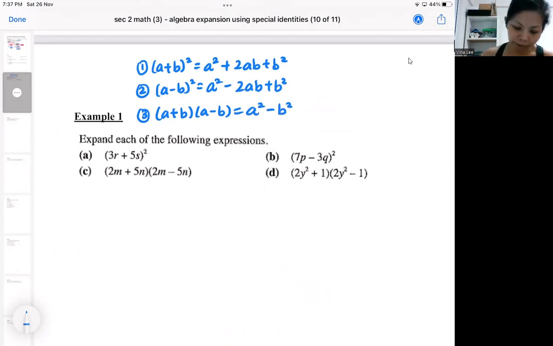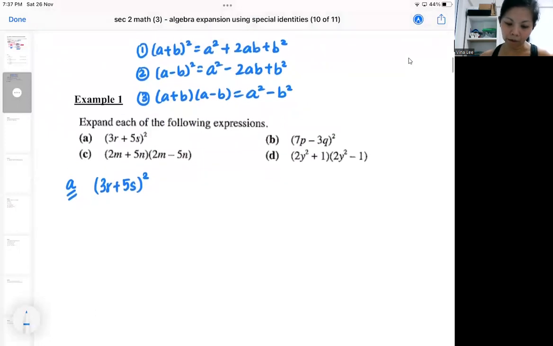If you look at the first expansion, I can do it here. If I use the arrow method for the first question 1A, how will the arrow method look like?